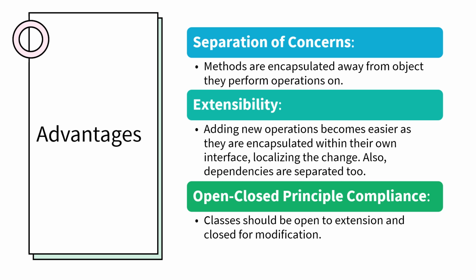Additionally, each method is its own class responsible for a single task, further encapsulating and making the implementation clean and easy to maintain. This implementation also complies with the single responsibility and open-closed principles, meaning that it can be easily extended with new methods without requiring modifications to the shape interface.